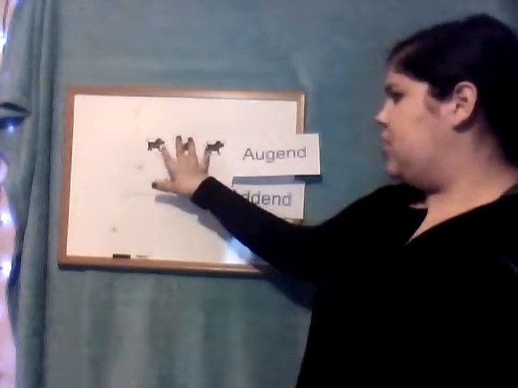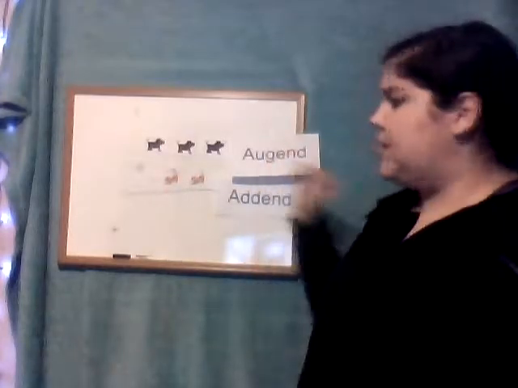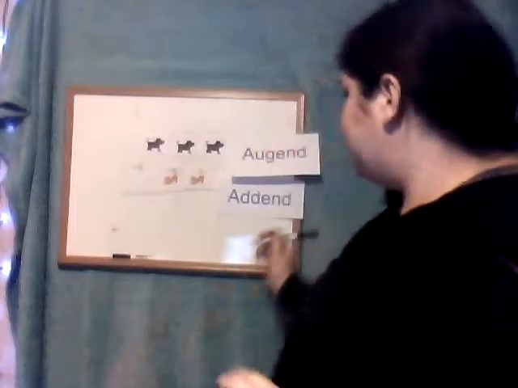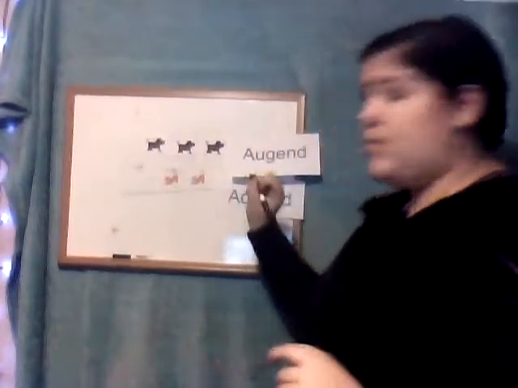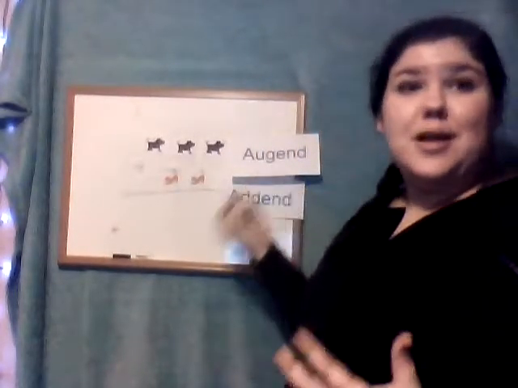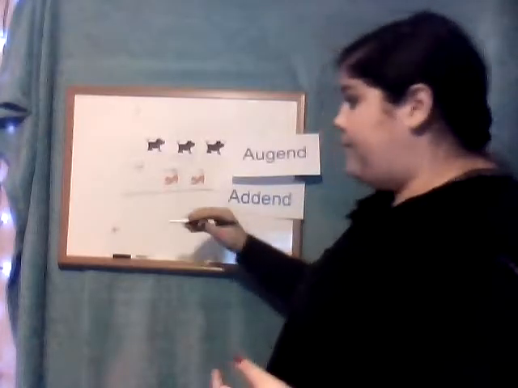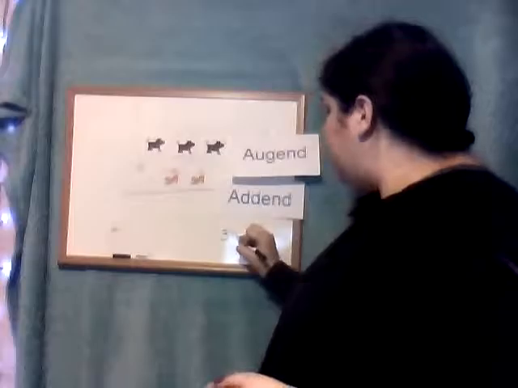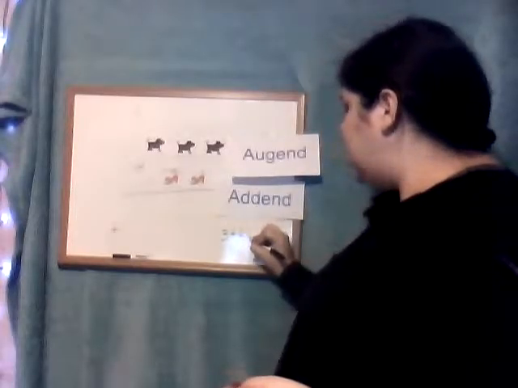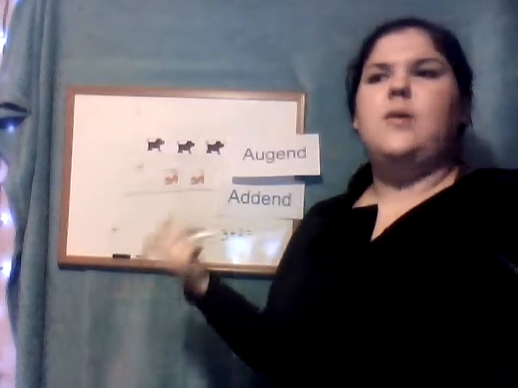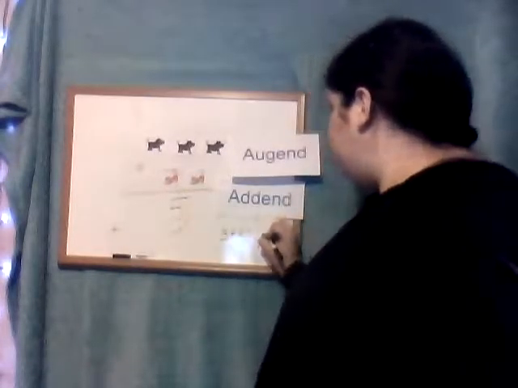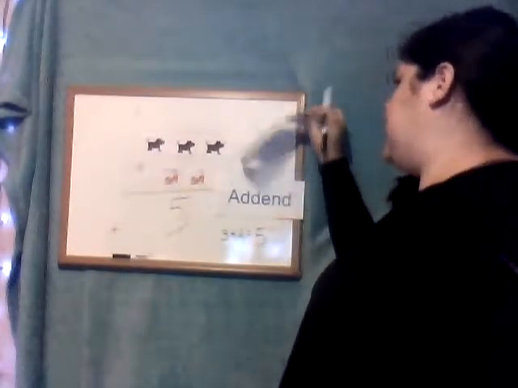So we know there's dogs and cats up there, but how would you read that? 3 plus 2. So this same equation can be written with numbers horizontally. So you would write it 3 plus 2 equals. And what does 3 plus 2 equal? Yes, 5. Good job.